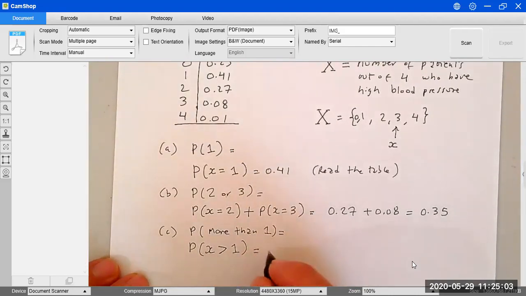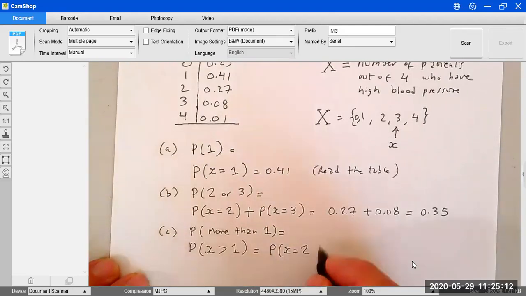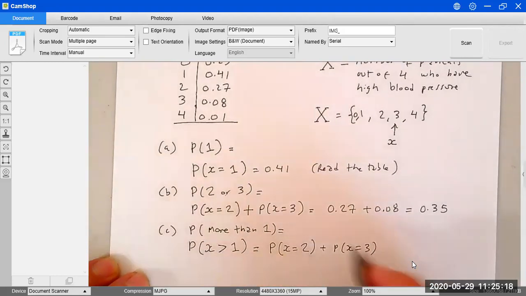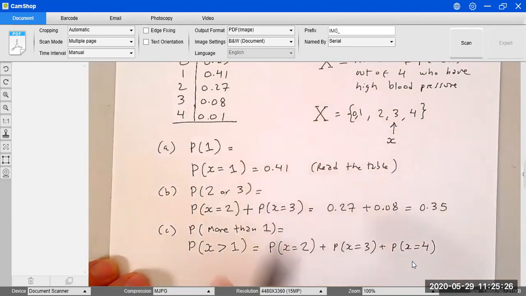This is equivalent to getting the probability of x equals 2, because 2 is greater than 1, plus the probability of x equals 3, because 3 is greater than 1, plus the probability of x equals 4, because 4 is greater than 1, and that's it, because there are no more values in this table.